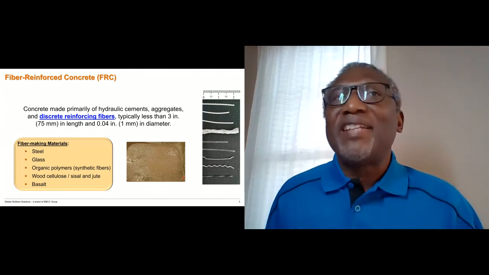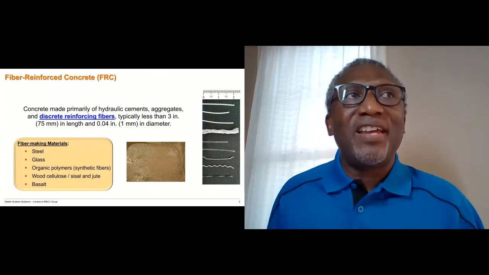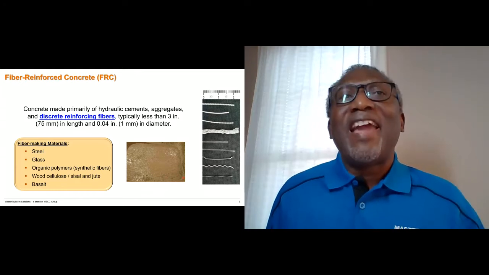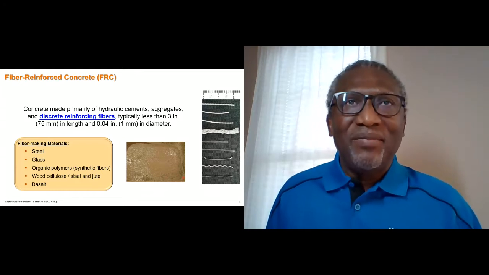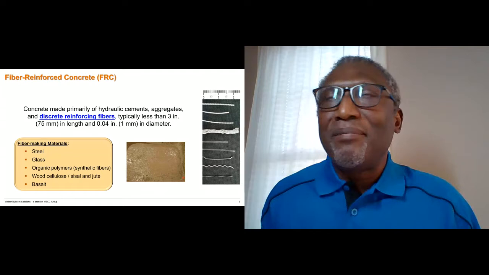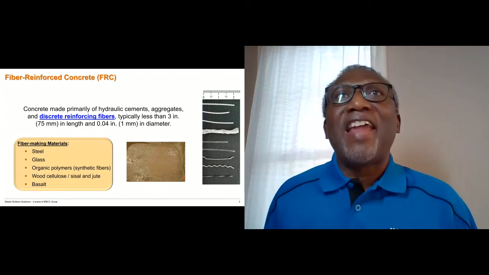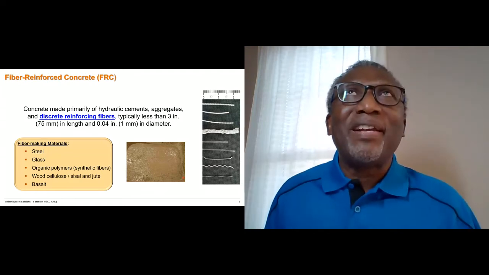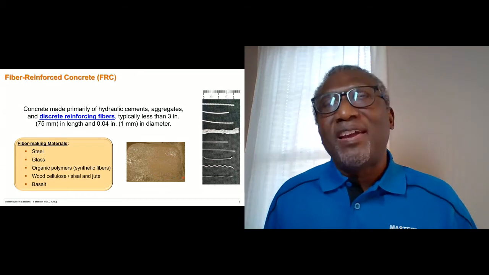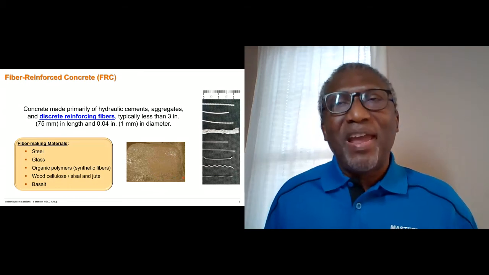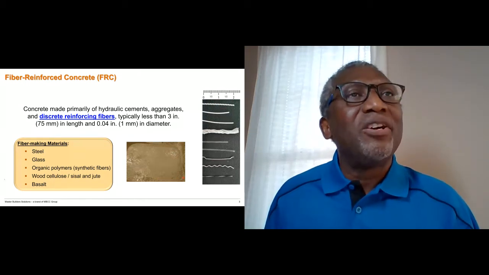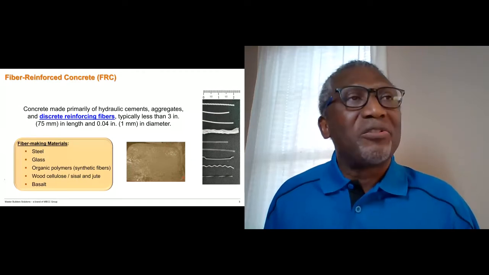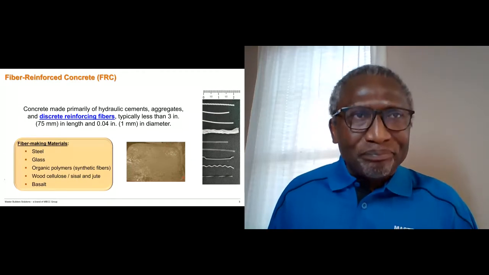Now, these fibers are typically less than 3 inches in length, and less than 1 millimeter in diameter. Most of the fibers in the marketplace will be less than about 2.5 inches. You find them typically from about 3/4 of an inch, depending on the type of fiber, all the way up to about 2.25 inches or 2.5 inches.